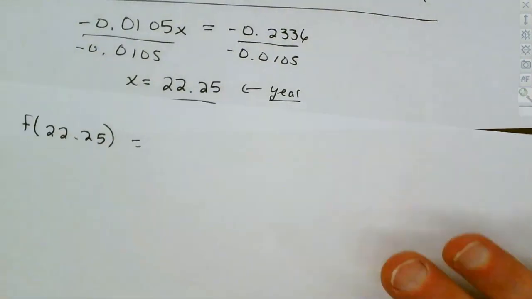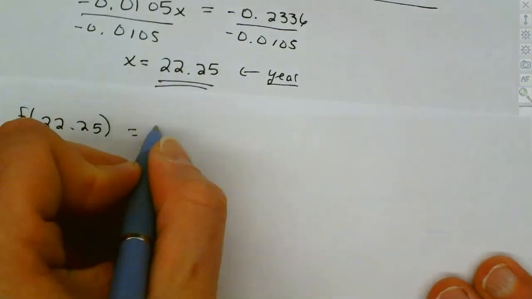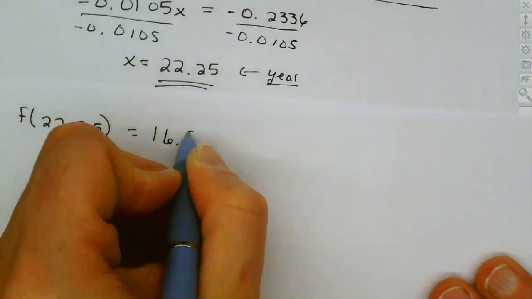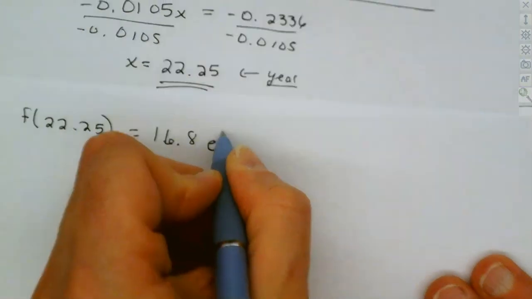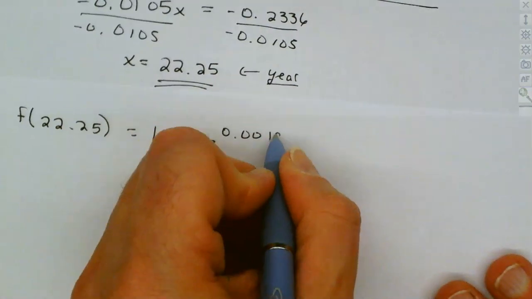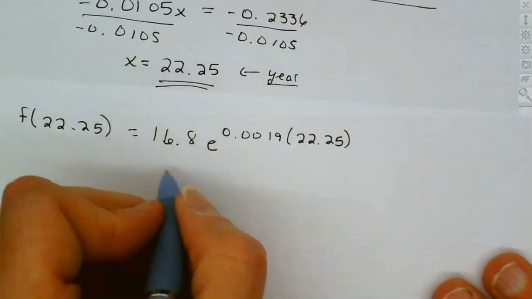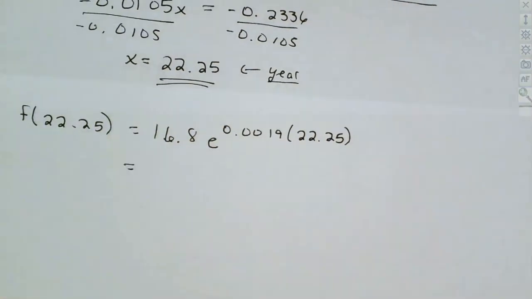And that is going to be, when I plug my values in, 16.8 e to the 0.0019 times that 22.25. And that's just a calculator problem. 22.25 times 0.0019.